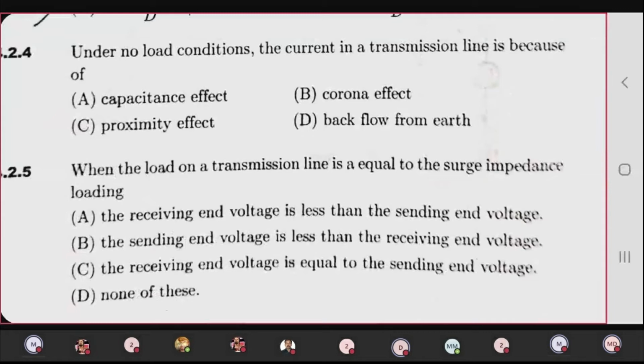In which condition is the receiving end voltage equal to the sending end voltage? At which circumstances is this possible?